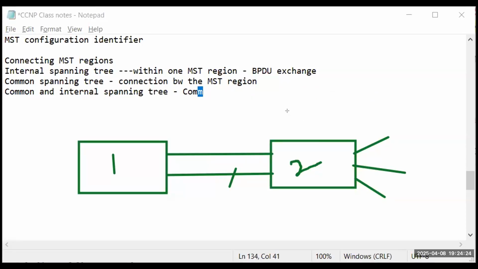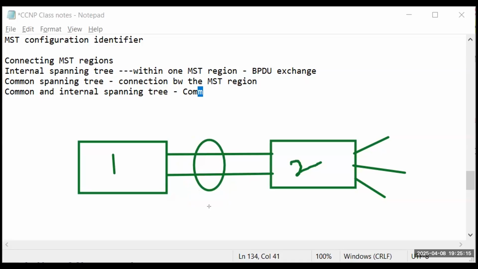Ether channel is a link aggregation technology that groups multiple physical interfaces together into a single logical link. So this will be combined as one single logical link together. These two will be grouped under one Ether channel.